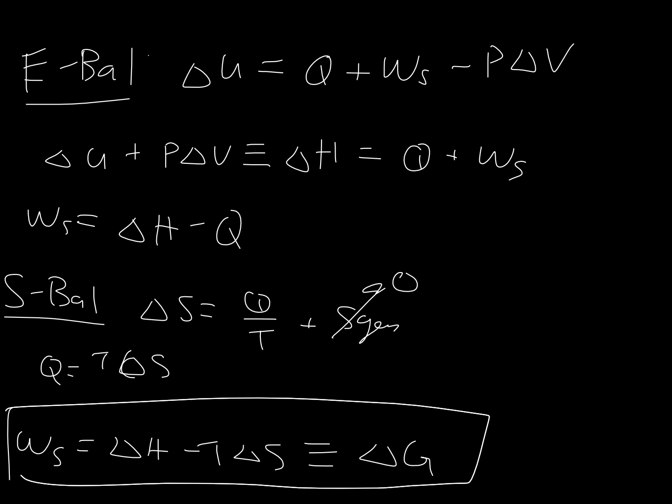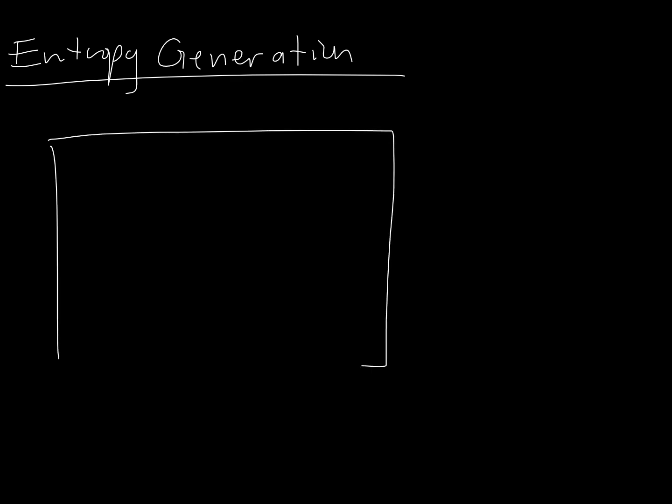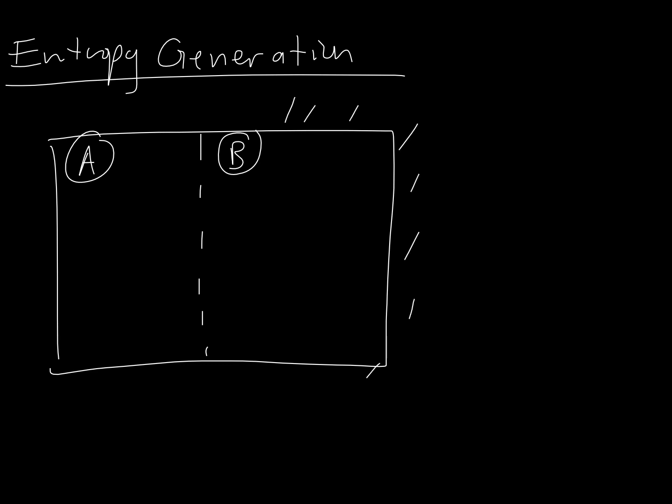Okay. So now we're going to use the entropy balance again in a different way to talk about entropy generation. Our system that we're going to define, we're going to have side A and side B. This is going to be completely isolated, so across this boundary, 0.